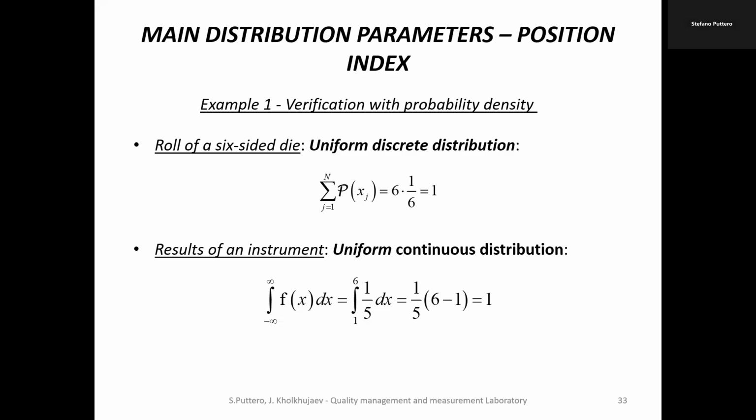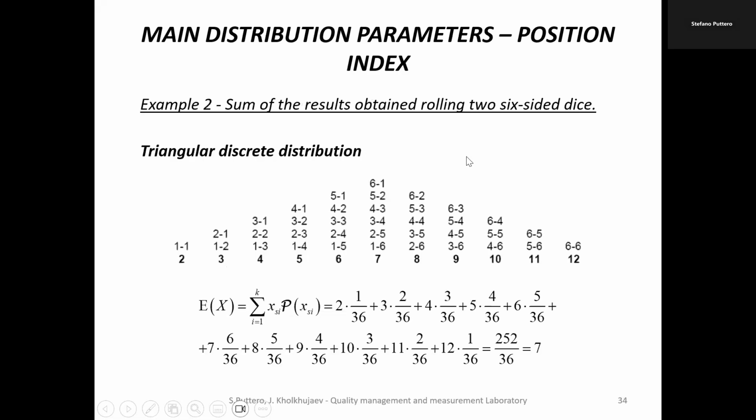Indeed, if we sum all the probabilities, we can see that in the case of the roll of a six-sided die it is equal to 1, because it's 6, the number of sides, multiplied by the probability 1 over 6 that is equal for all the sides. And the same goes for the results of an instrument. Slide 33 is only a double check that we did things correctly in the previous slide, okay?